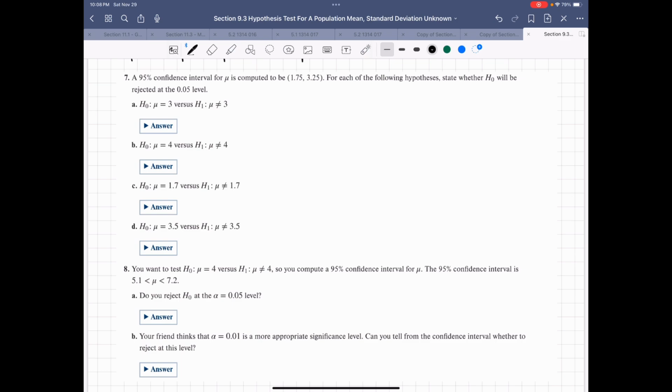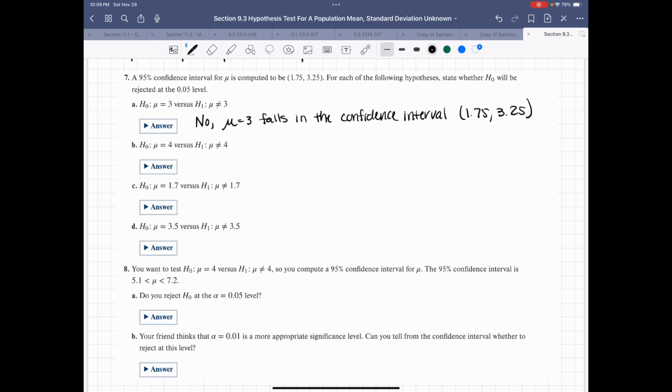No, it won't. Mu equals 3 falls in the confidence interval, 1.75 to 3.25.